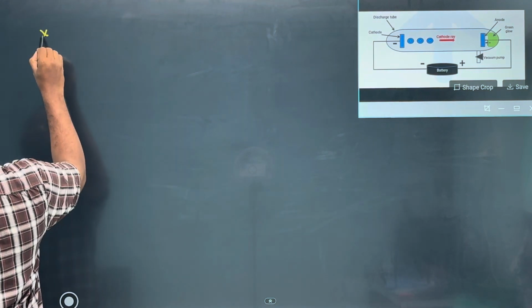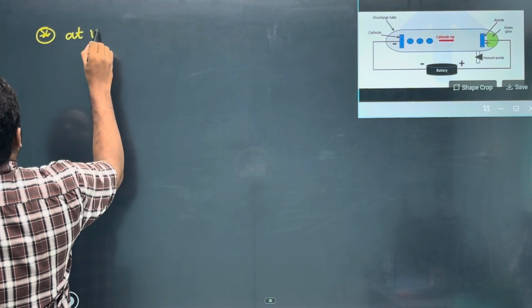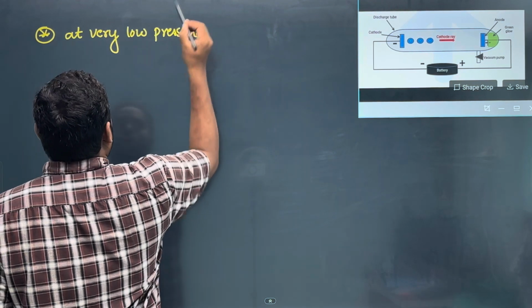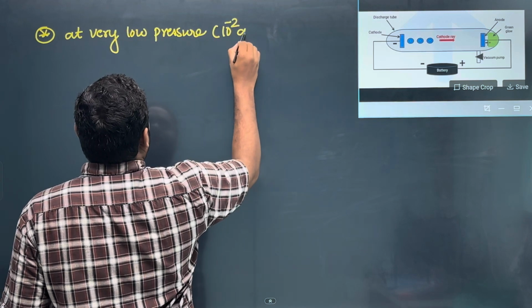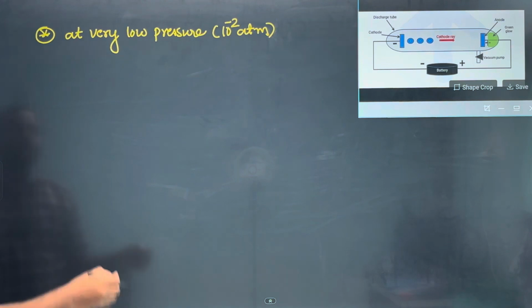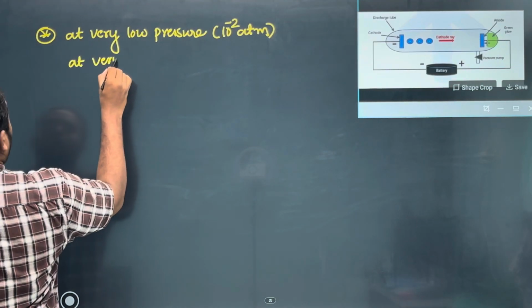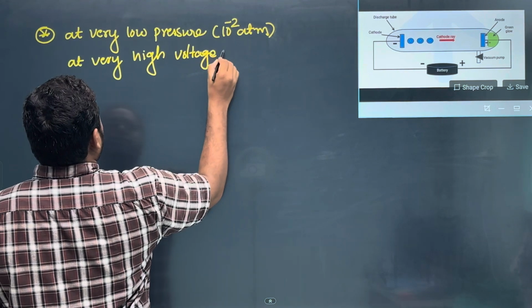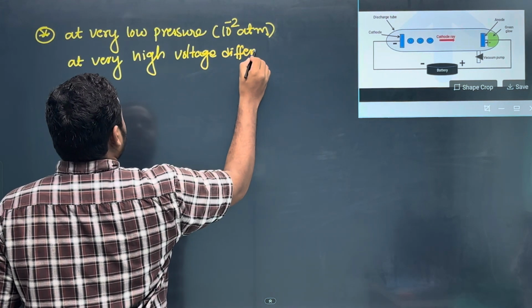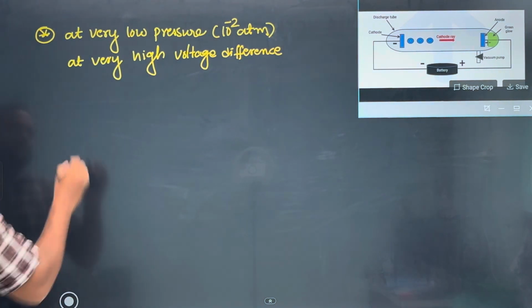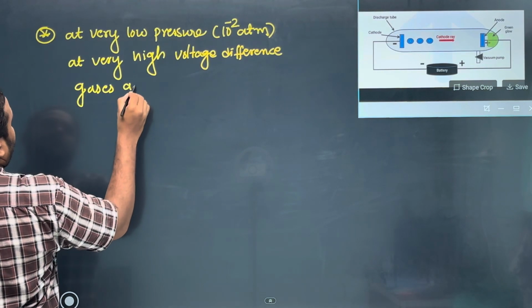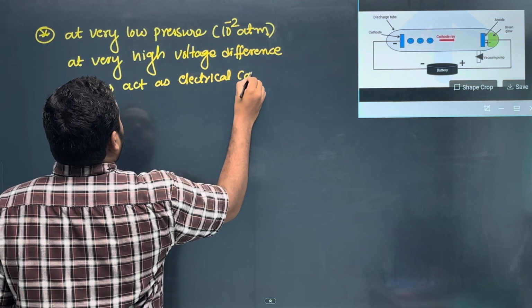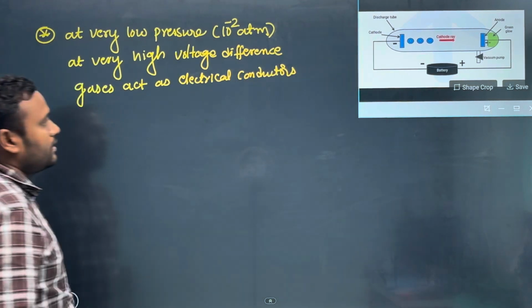Like at very low pressure, say for example 10 power minus 2 atmosphere, and at very high voltage difference, gases act as electrical conductors.